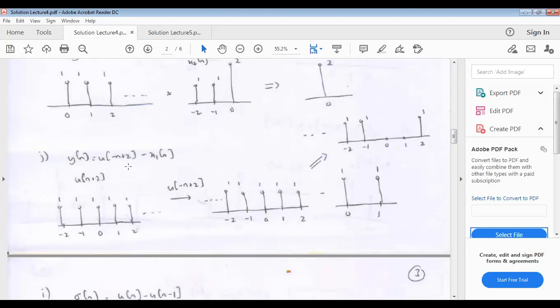We have the shifting of time by +2 and a reversal of time. So we proceed, in the first place, shifting by 2 units to the left. This is the result of the shifting of the step function by 2 units to the left.